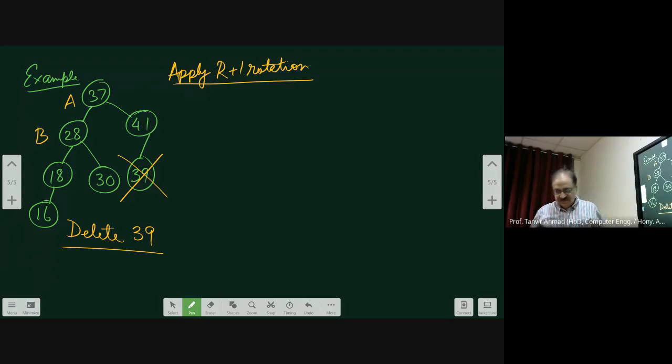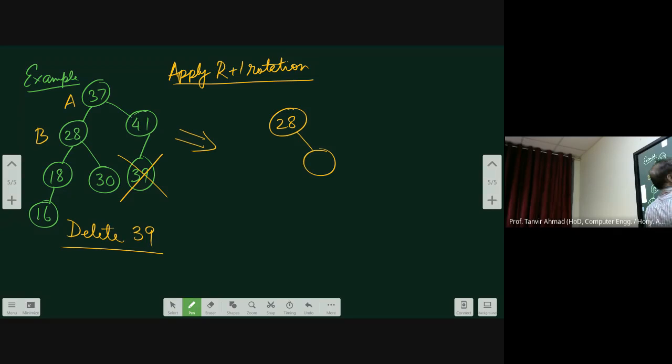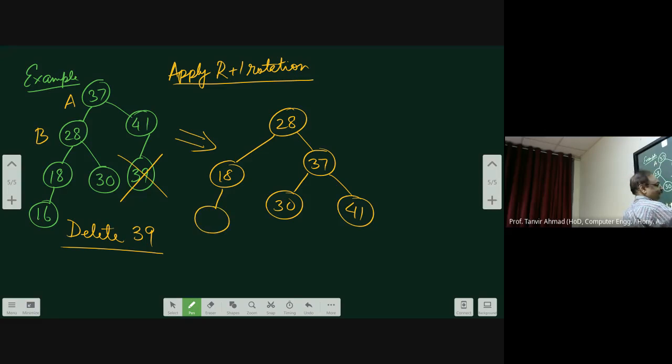Now draw a tree. Now it is very simple. Now, one thing you must see over here, that when I deleted 39, what was the balance factor of A?